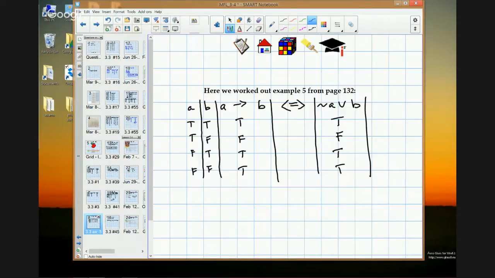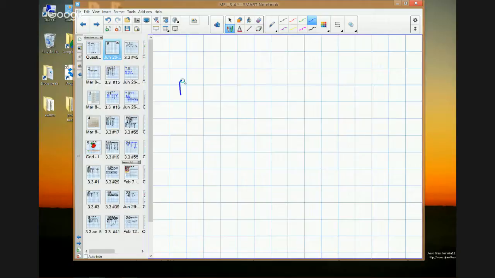So on number 5, we've got: if 2 plus 2 equals 4, then 8 equals 5. Okay, so is that true or false? Well, it's all based on one important concept. What's the only time an if-then statement is false?